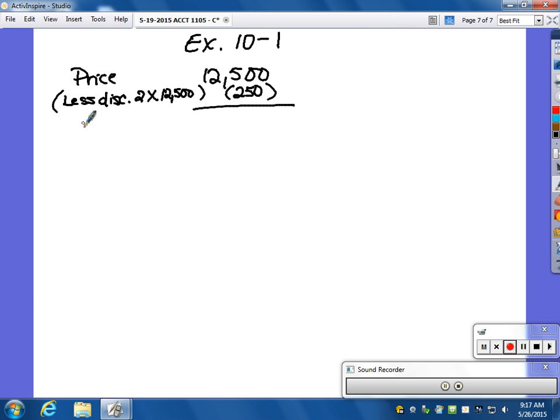And what is the new amount of this purchase? 12,250. So 12,250. Now we need to include all those other costs.